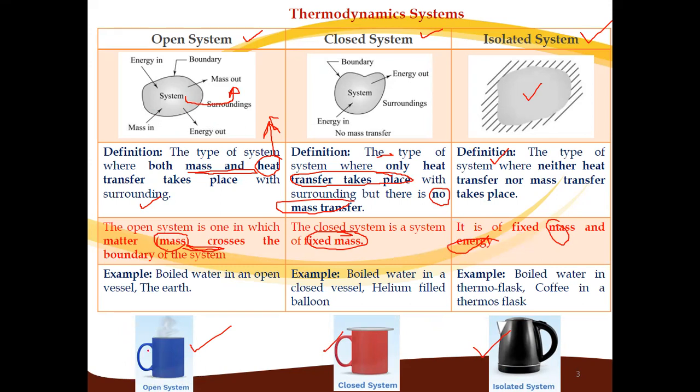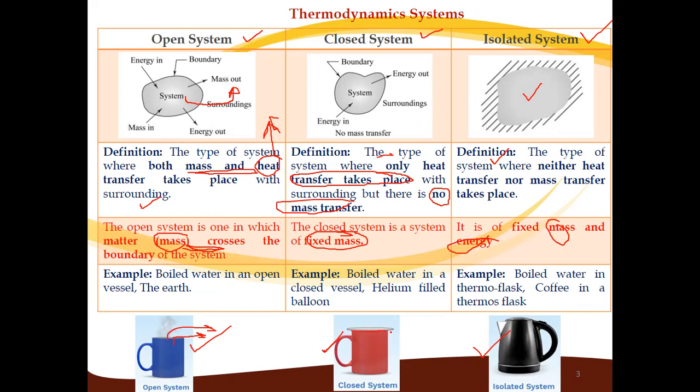In this boiled water, the vessel is open, so there is no closing lid. So heat transfer takes place with the surrounding, and mass transfer also takes place with the surrounding. Now the second example, in a closed system: boiled water in a closed vessel.